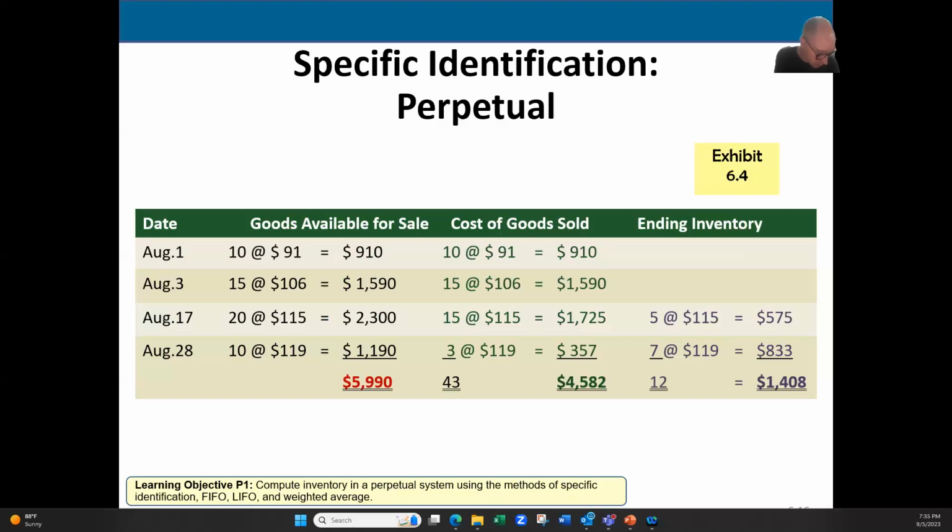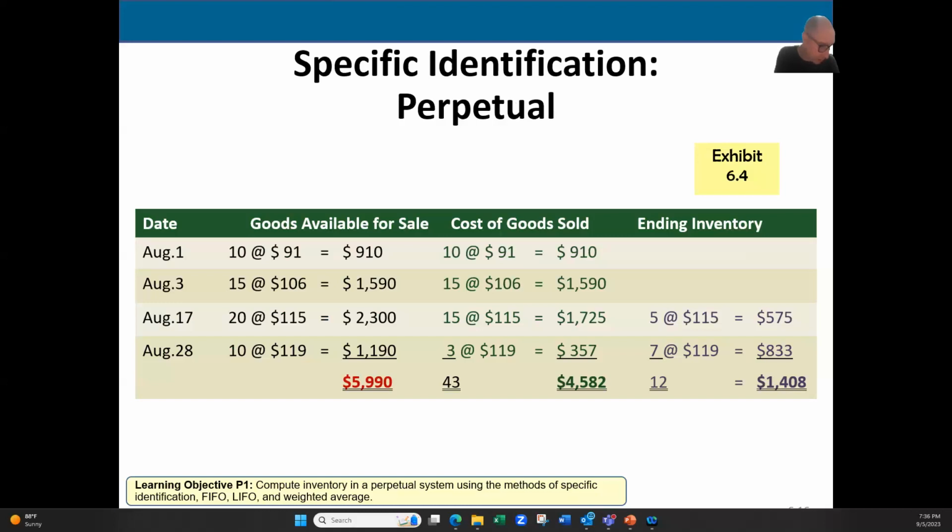We look at the serial numbers on these bicycles, match them up with our internal sales documents, and we sell them accordingly. We bought 10 bikes at $91 a piece. We bought 15 bikes at $106 a piece. We bought 15 bikes at $115 a piece.